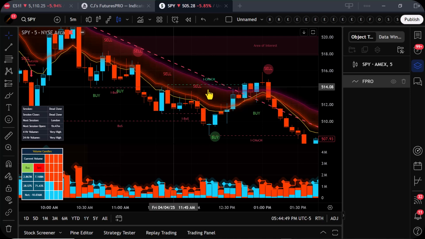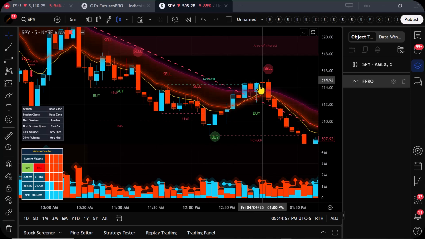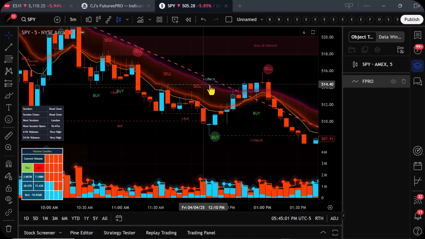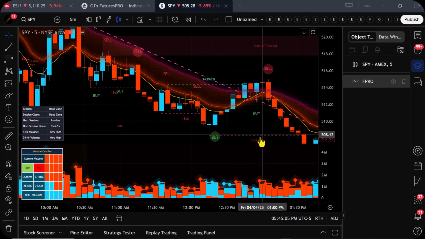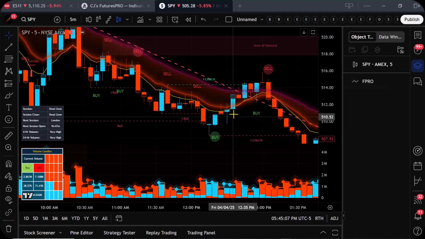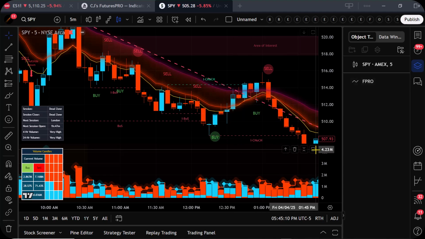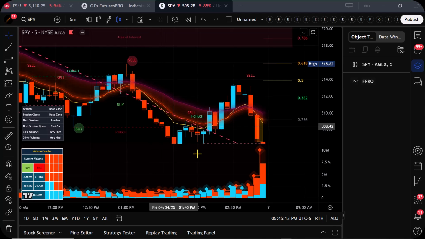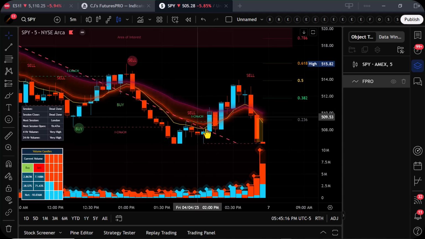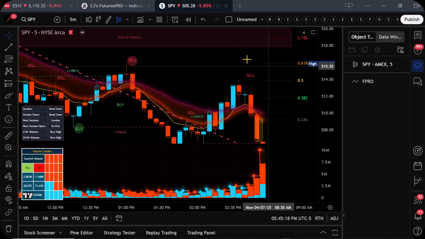And then here identifies a change of character, meaning that it has gone down and broken the character to downtrend, and possibly changing here. So that's what the CHOCH means. This is a bullish change of character. And down here is a bearish change of character, which means that, again, it had gone up, gone back down, and it is changing its pattern. Again, another one here, a change of character, and all the way through here.